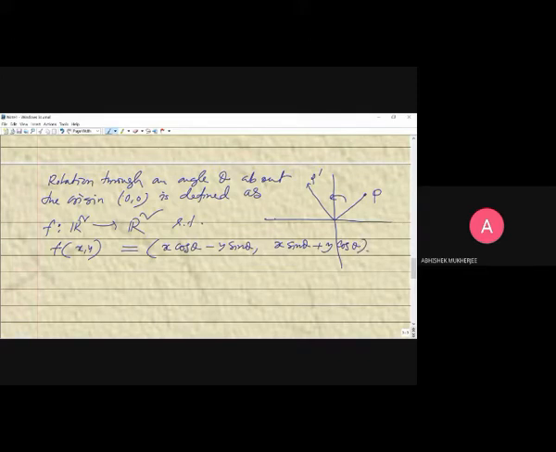Okay. So in this way you can define a rotation about an angle theta with respect to the origin (0, 0).